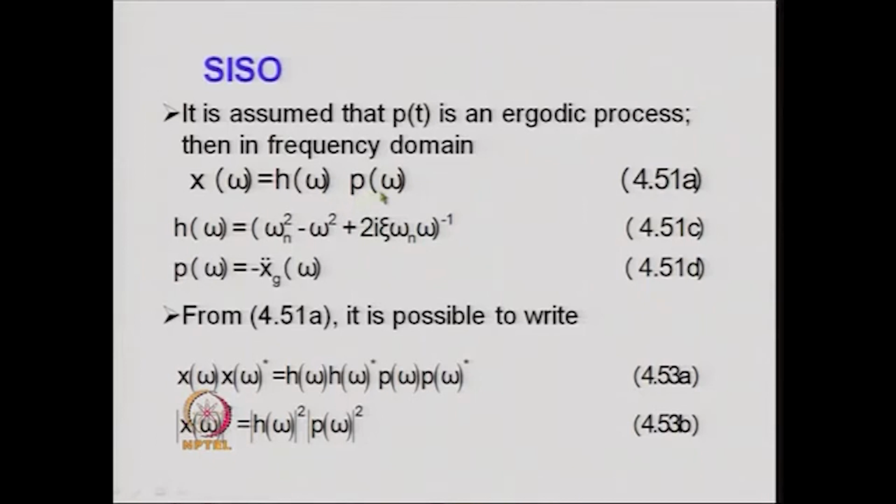So, if we remember that, then from this relationship itself we can say that Sx will be equal to h omega absolute square multiplied by Sp. Here it becomes absolute square because it is a complex quantity. Had it been a real number, then simply it would have been the square of that particular real number.